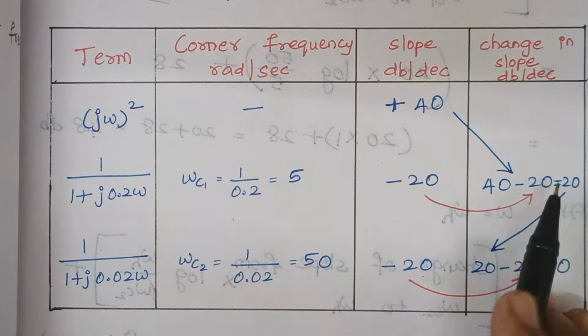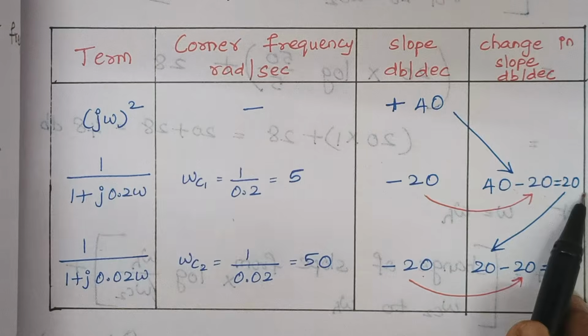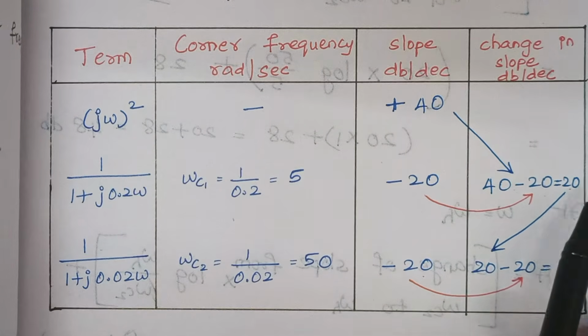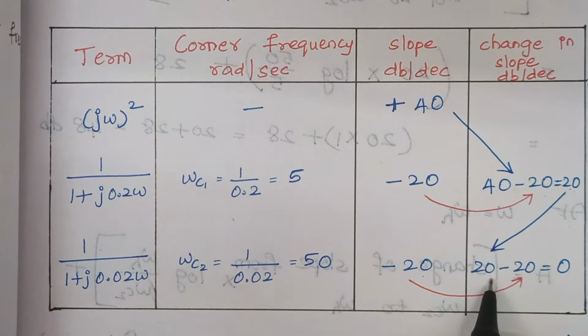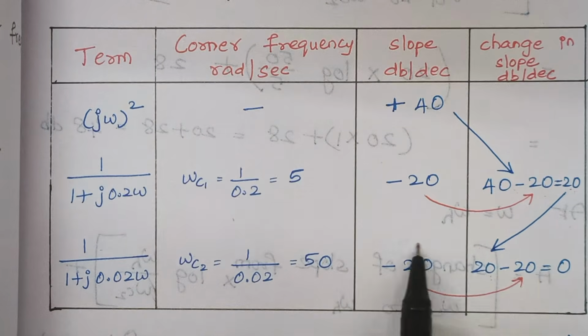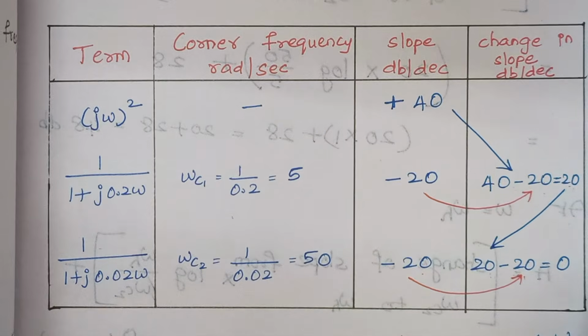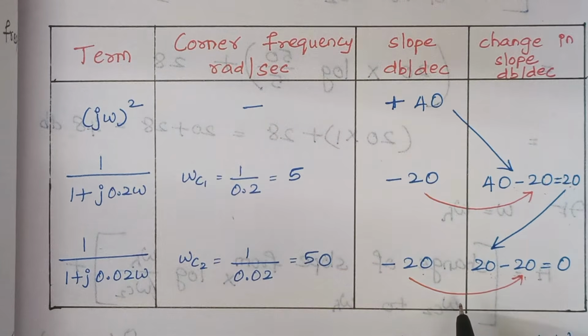So 40 minus 20 gives you 20, right? Then the next step is I have to move this answer downwards. So here I am having plus 20, so I am shifting this plus 20 here, and I am again moving this minus 20 to the right hand side. So 20 minus 20 gives you 0. Right? This is how we should form the table. Hope you people understand this one. If you have any doubts, let me know in the comment section.